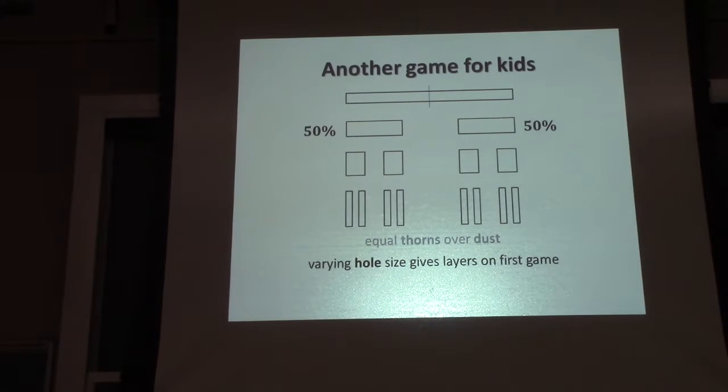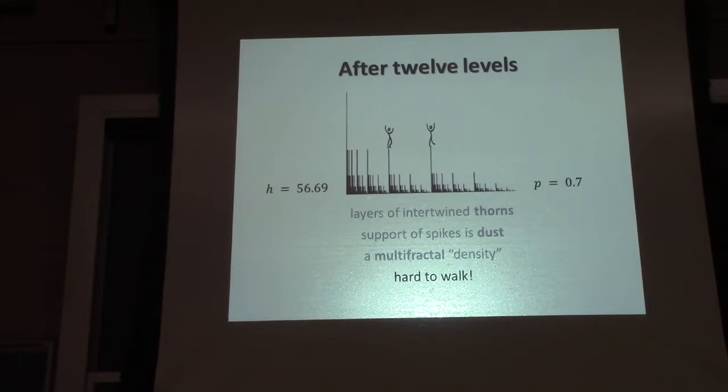So for those of you that were here last week, the dimension of the dust that you get depends on the size of the hole. The smaller the size, the more bunched the things are, and vice versa. Okay? So, if you go back to the first game, you realize what I have been saying on the board. This is more dense than this, but the one that follows is yet more dense than that.